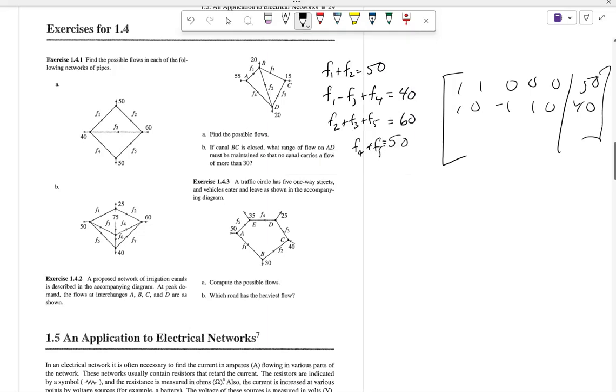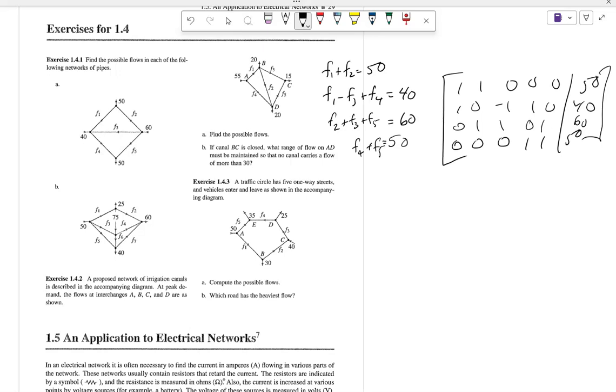All right. What about the next one? 0, 1, negative 1, 0, 1, 60. Negative 1 is a positive one, isn't it? Yeah. And then 60. And then the last row will be 0, 0, 0, 1, 1, 50.